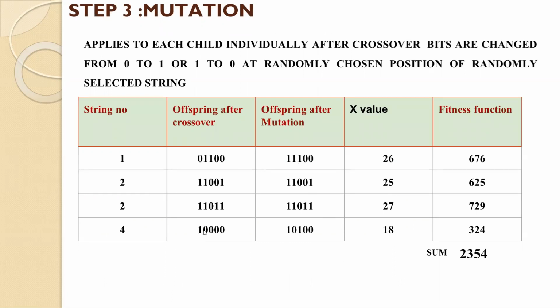For the third bit, 1 0 0 0 0, you perform 1 0 1 0 0. Simply represent in decimal: 26, 25, 27, 18. Their fitness squaring addition is 2354. Therefore, this antenna optimization will provide a better 2354 after doing the mutation function.